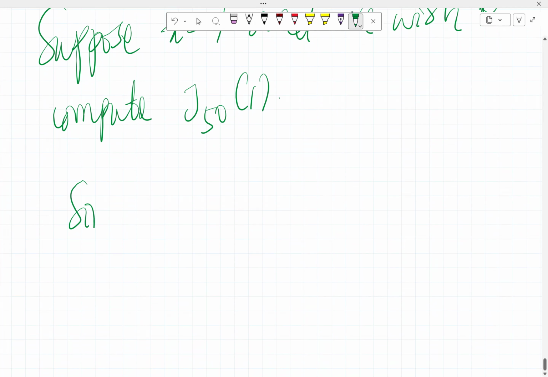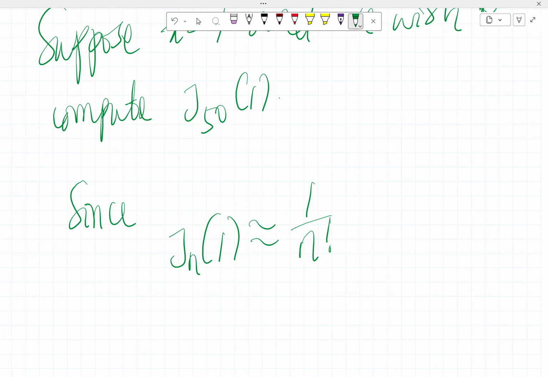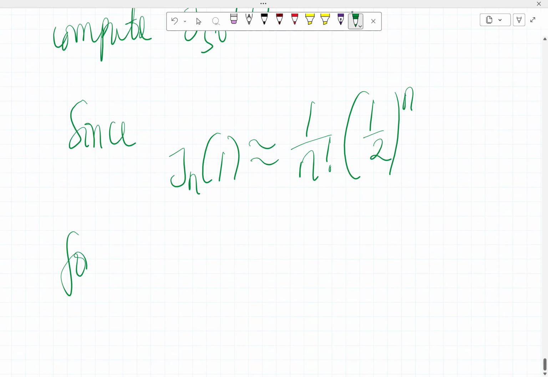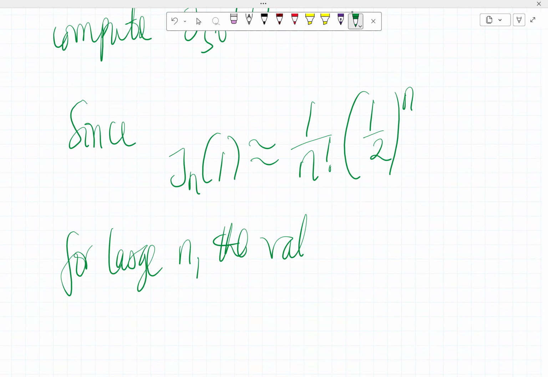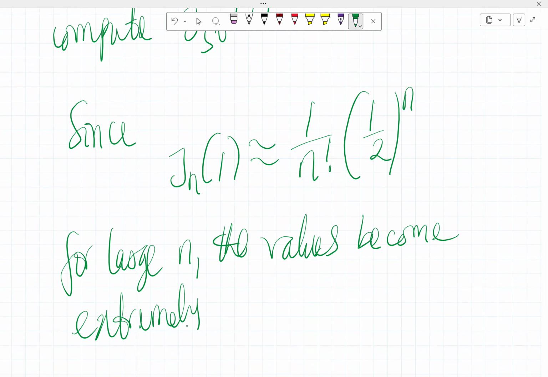Since J sub n of 1 is approximately 1 over n factorial, 1 over 2 raised to power n for large n, the values become extremely small.